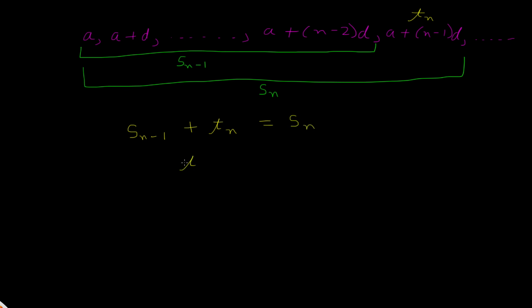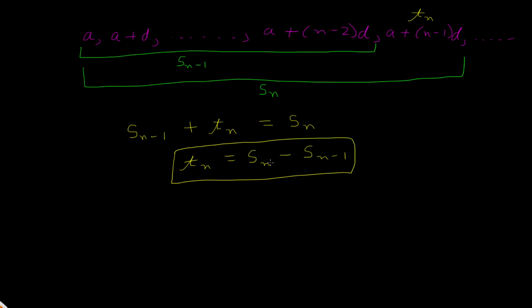Or we can write this as Tn is equal to Sn minus S n minus 1. That is, if you know the sum of n terms and the sum of n minus 1 terms, then the way to get the nth term is by subtracting both of these.